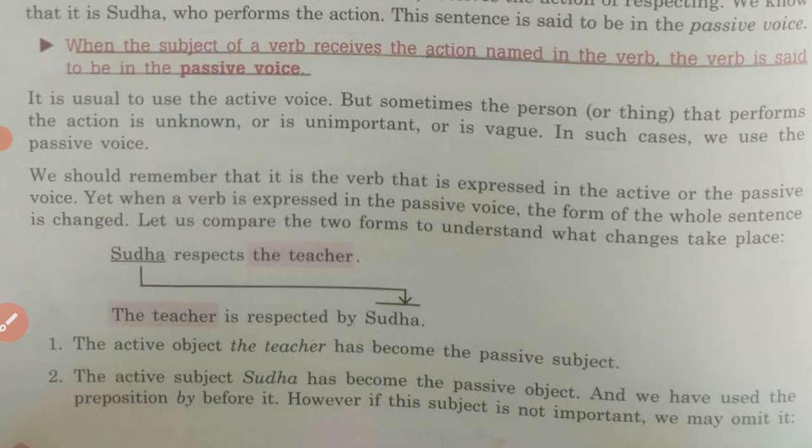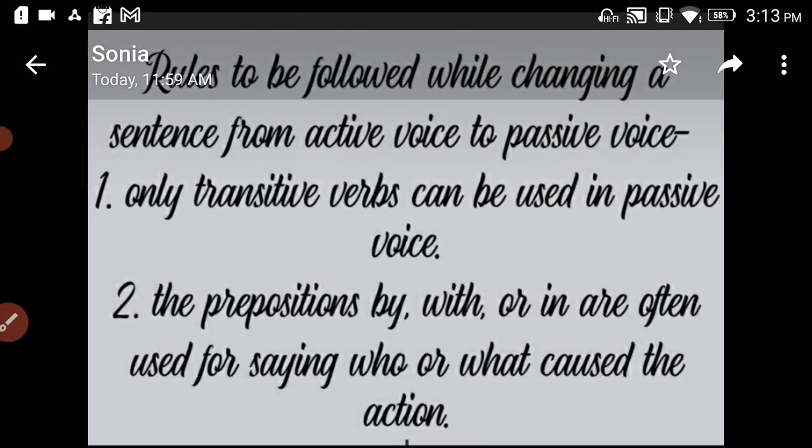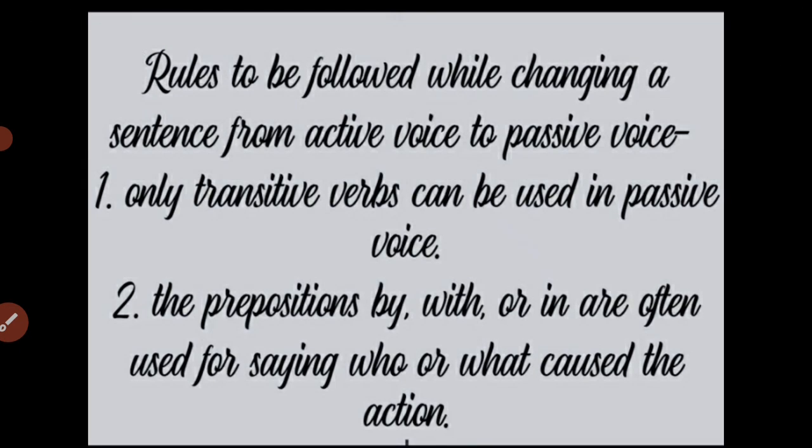Now, let us see a few rules by which we are going to do the conversion from active to passive voice. Rules to be followed while changing a sentence from active to passive voice. Only transitive verbs can be used in passive voice.